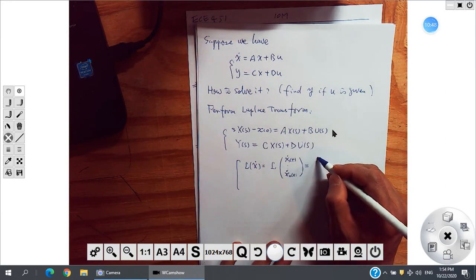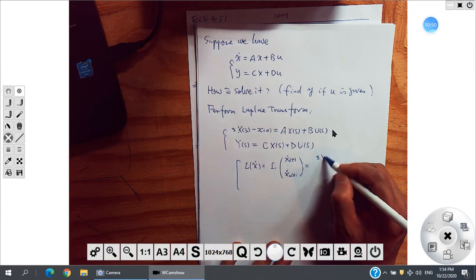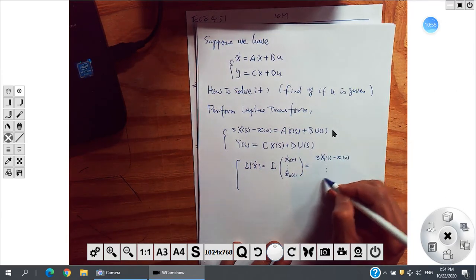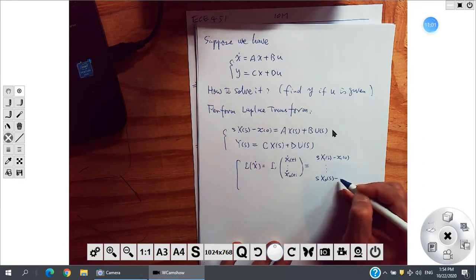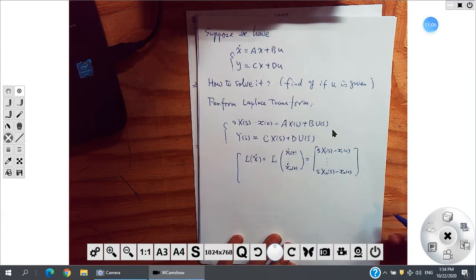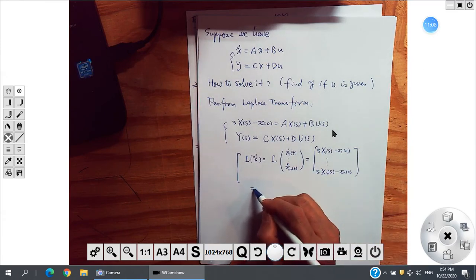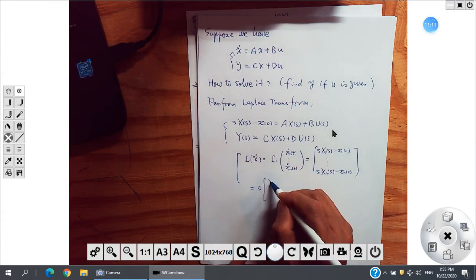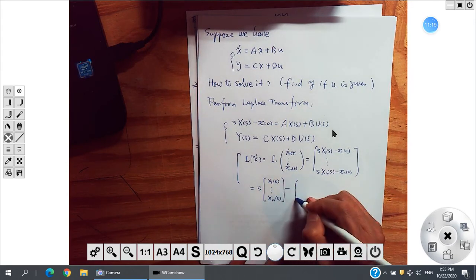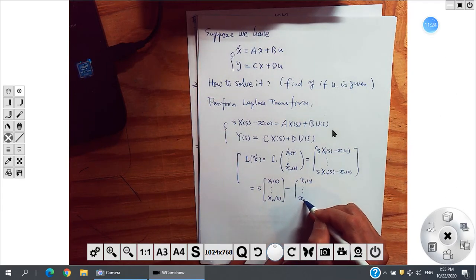So this is s times x1 of s minus x1 of 0 until s times xn of s minus xn of 0. We have this. Okay, this is a vector, and this vector we can write it as s times x1 of s until xn of s minus lowercase x1 of 0 until lowercase xn of 0.